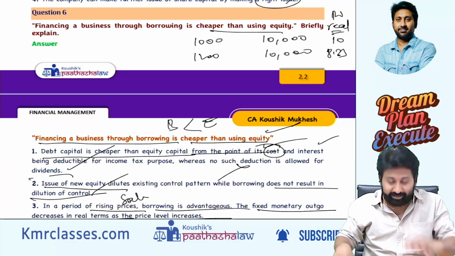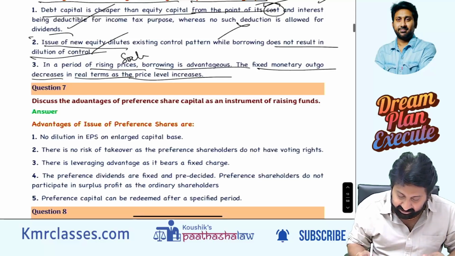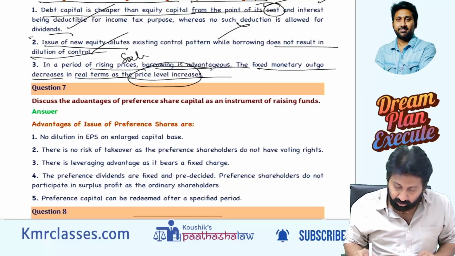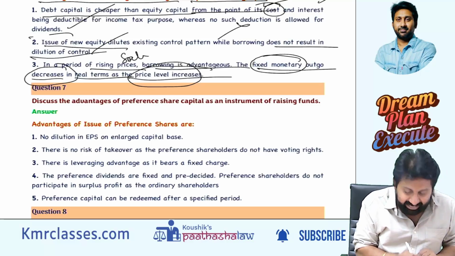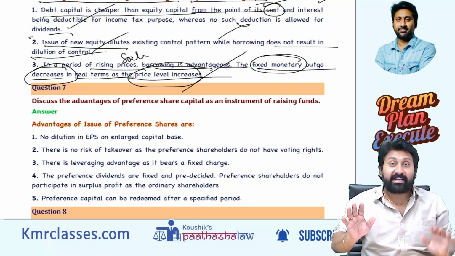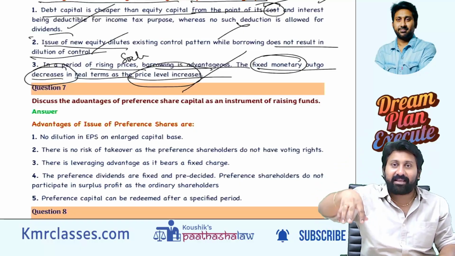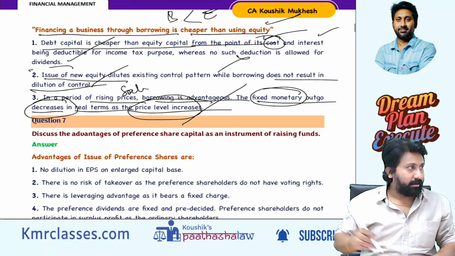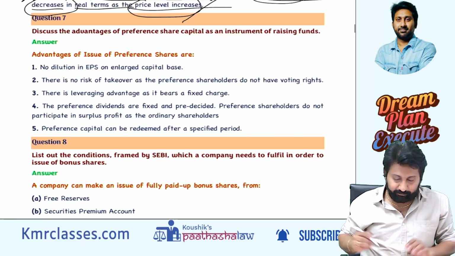Means in real terms, fixed cost is reducing. So the fixed monetary outgo decreases as the price level increases. As the selling price increases, fixed cost overall will be the same. But in real terms, per unit cost is slowly coming down. Read the 3 points.